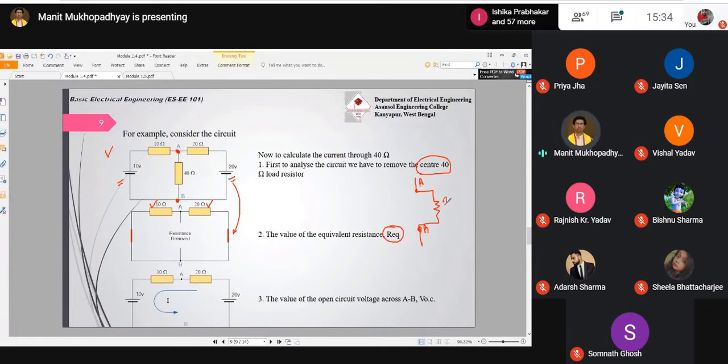So here 20 ohm is present and here 10 ohm is present. So we can say this 10 ohm and 20 ohm are connected in parallel, right? So you can calculate very easily the value of R equivalent: 20 into 10 divided by 20 plus 10.